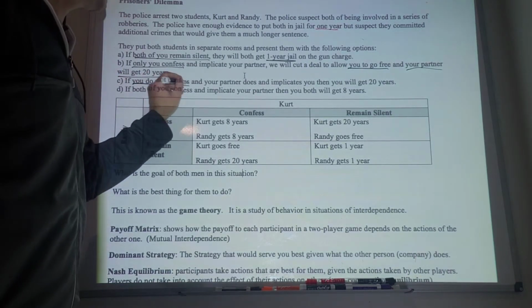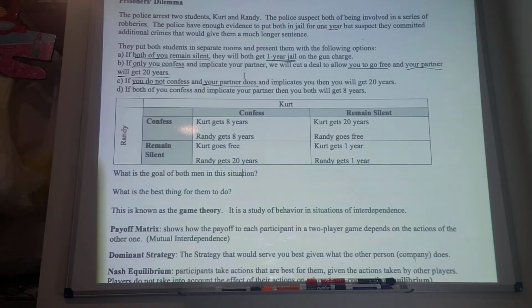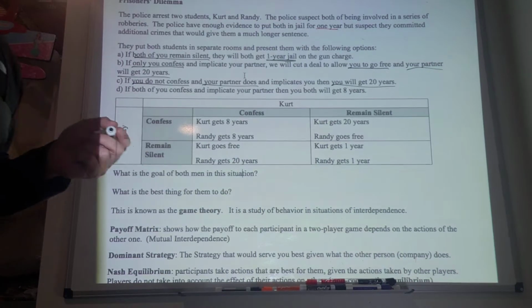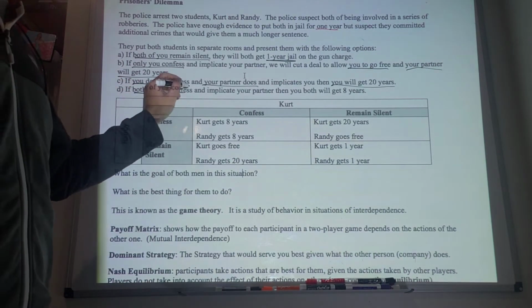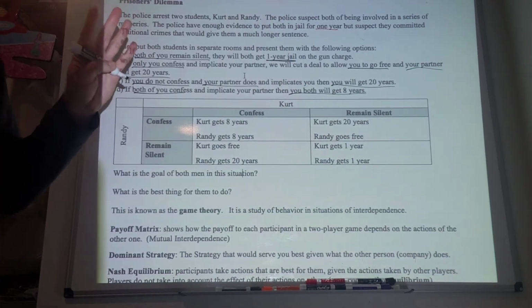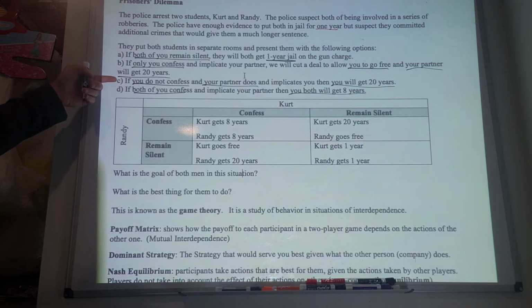However, if you keep your mouth shut and your partner confesses, you get the 20 years and your partner goes free. And then finally, if you both confess, then you both get 8 years. So there's the fourth possibility. No one talks, everybody gets 1 year. Only you confess, you go free, your partner gets 20. Only your partner confesses, you get 20, your partner goes free. You both confess, you both get 8 years.